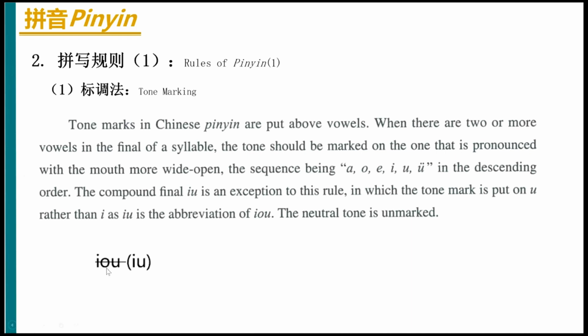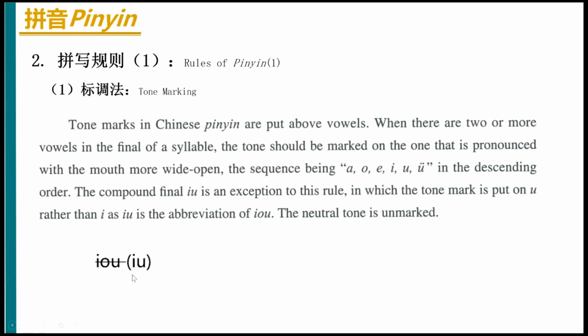Yes, it's on o, because these 3 alphabets, first comes i, and then o, and then u, right? So since this rule tells us that the tone is being marked on the most mouth wide open one, which is this o, right?